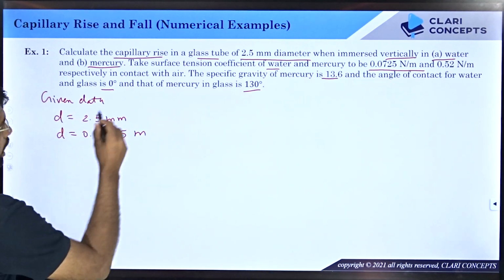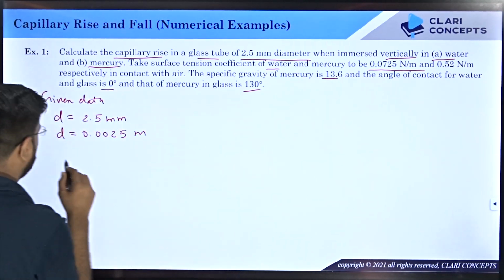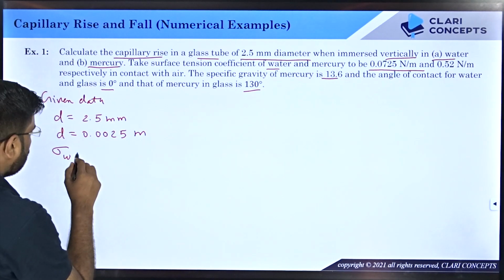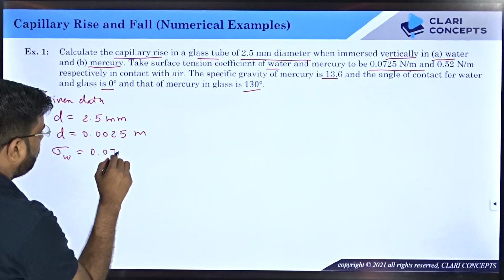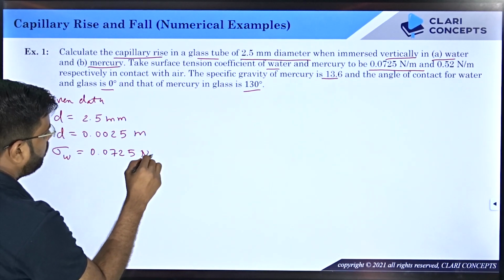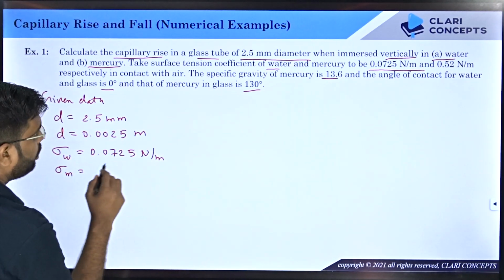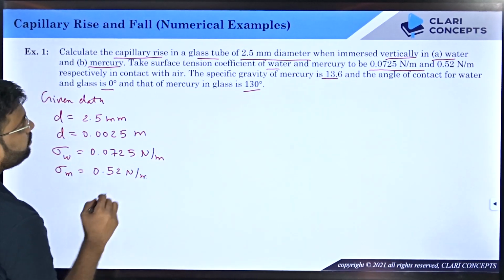Now you have been given the surface tension coefficient of water and mercury. I will put sigma, but use W for water. So the surface tension coefficient of water in air is 0.0725 newtons per meter, and for mercury I will use sigma m, which is 0.52 newtons per meter.